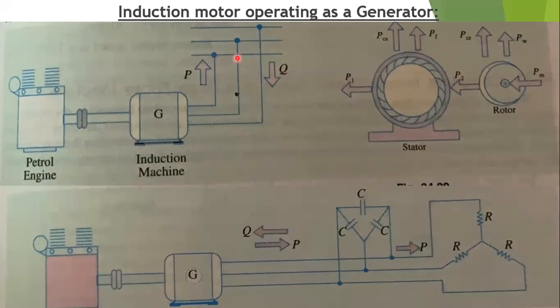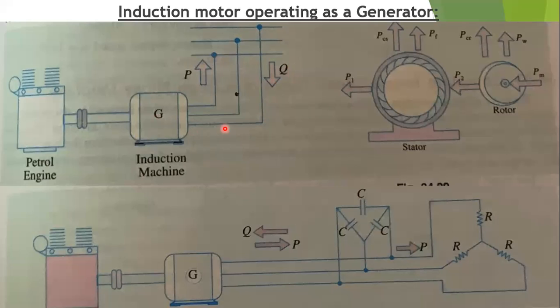That is called reactive power Q. So P and Q will be opposite in nature. P is active power, the electrical energy given from the induction machine to the three-phase lines. Q is reactive power, drawn from the three-phase lines to the induction machine for producing its own flux.